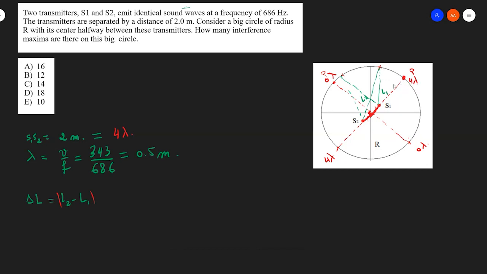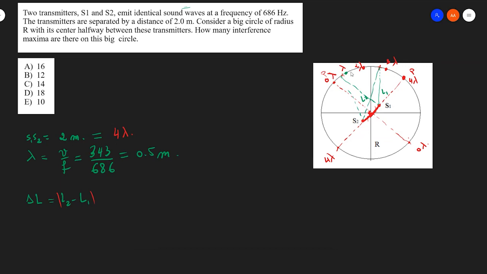What I can deduce from that is that at some moment I will pass through a point where the difference is lambda. I don't know exactly where it is, but since I'm going from 0 to 4 lambda, for sure I will pass through 1 lambda, then continue through a point which is 2 lambda, and another point where I will have 3 lambda. Because to arrive from 0 to 4, I need to pass through 1, 2, 3, and 4. So I have these points.